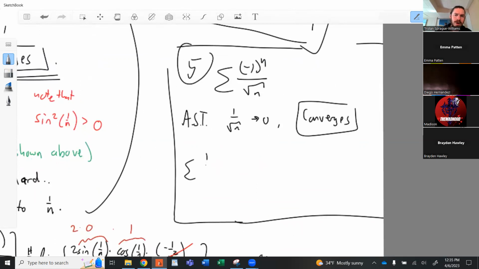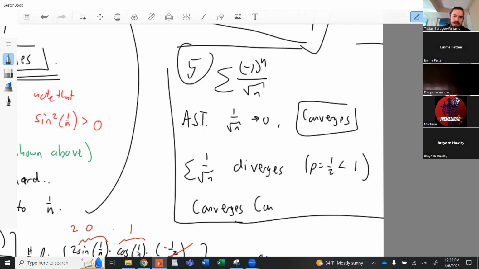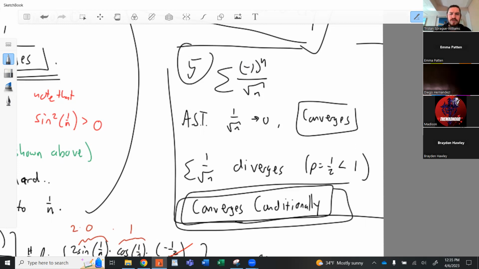But the series of 1 over square root of n diverges because it's a p series with p equals 1/2, which is less than 1. So that means that the alternating series converges conditionally.